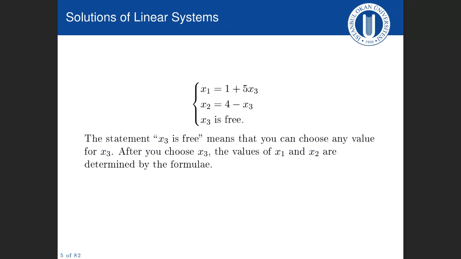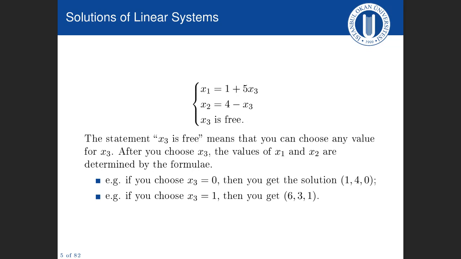What this means is that we could choose any number that we wanted for x3. After we've chosen some number for x3, we use the formulae to calculate x1 and x2. Free variables can be any number. The basic variables are then determined by the formulae.